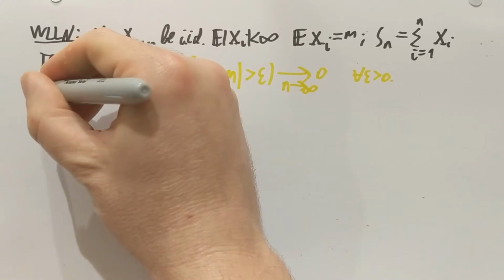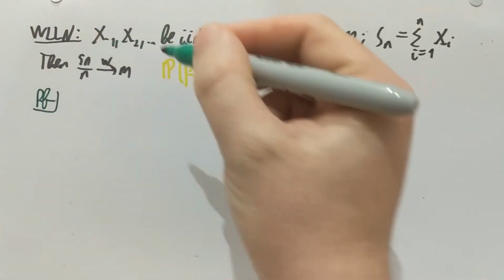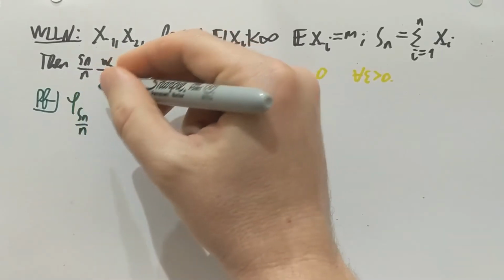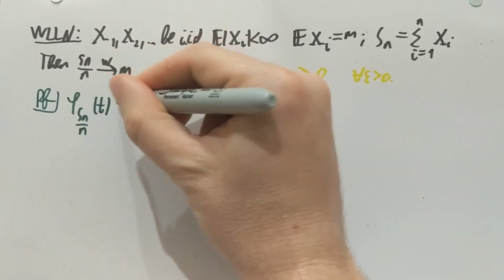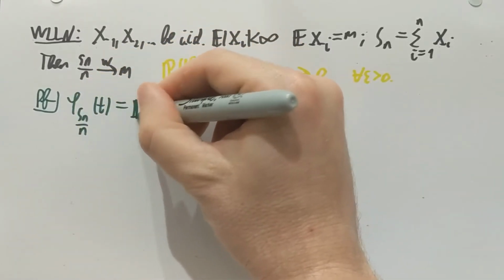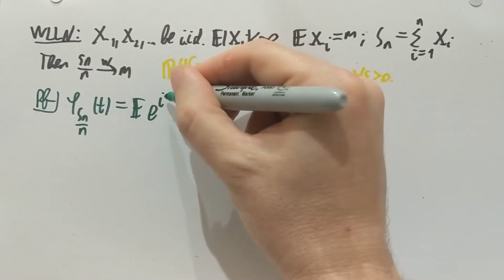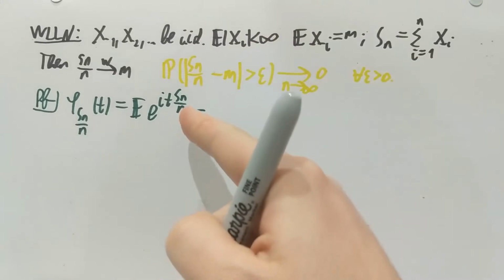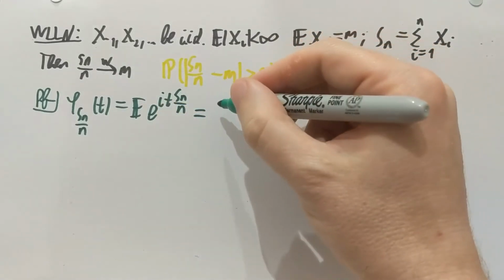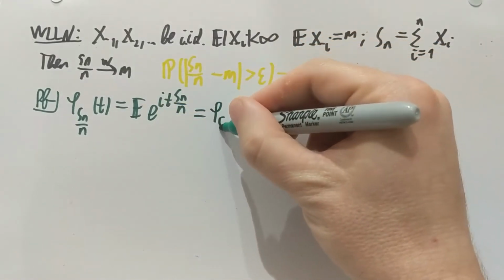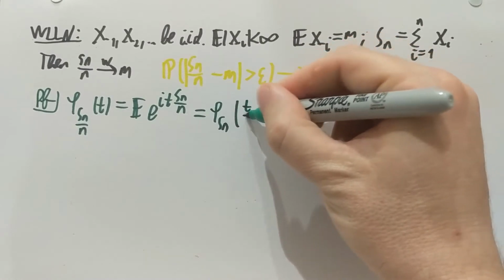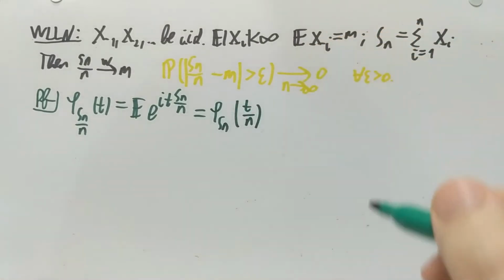The proof goes like this. Take phi of this Sn over n random variable. What is this? That's the expectation of e to the i t Sn over n. If I bring the n over to the t, you can easily see that this is also the characteristic function of Sn itself taken at t over n.